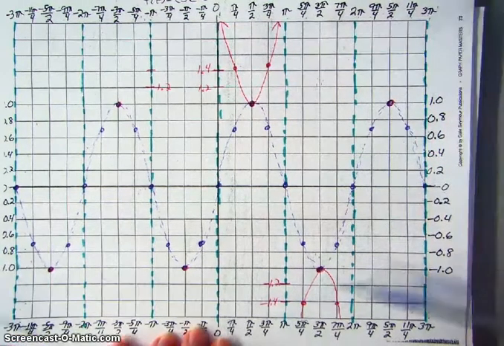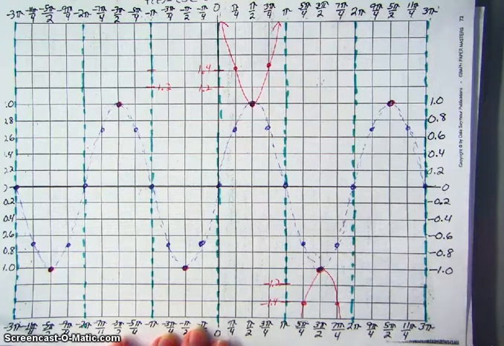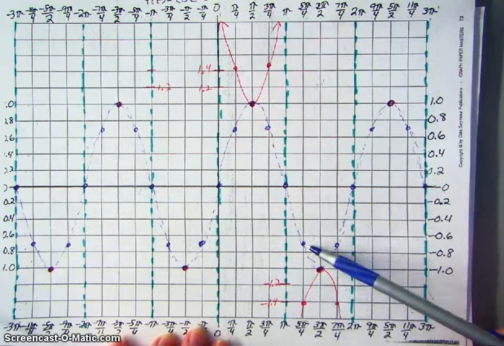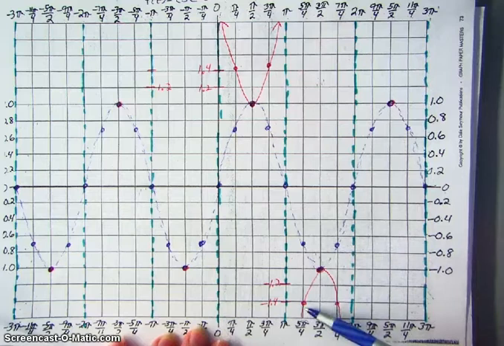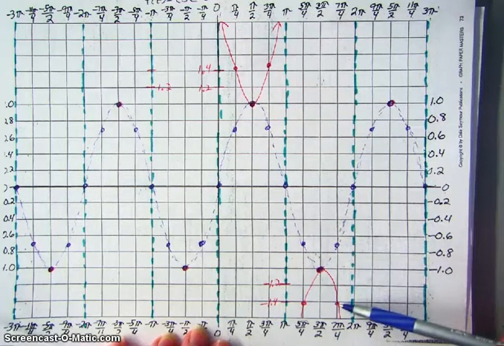And likewise, when the sine is -1, its reciprocal is also -1. So here the cosecant and the sine share the same point. And again, the reciprocal of -0.7 is -1.4.